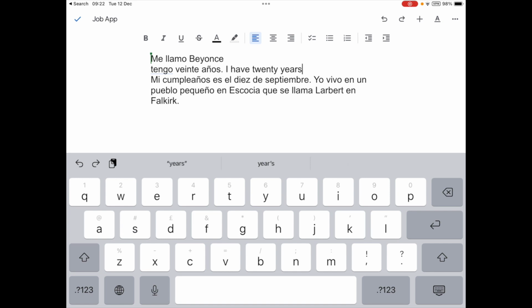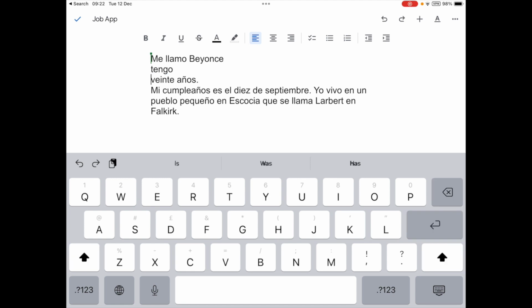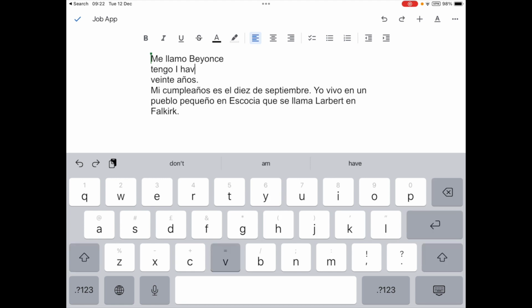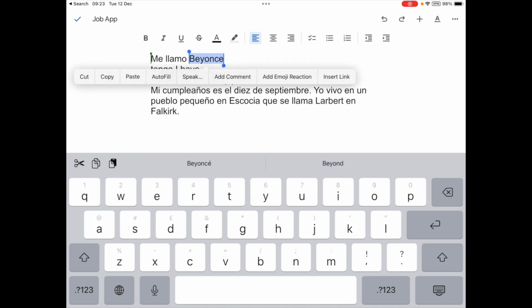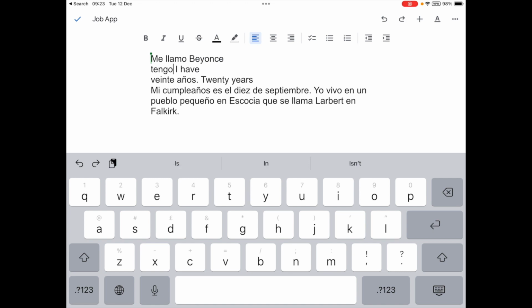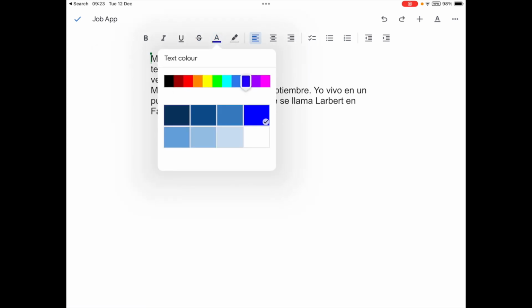But if this was more complicated language and you need to split it up further, you could break it up by having your tengo first. I have. 20 years. And you can see, maybe you want to highlight that or change the colour of it so that your English is really clear.